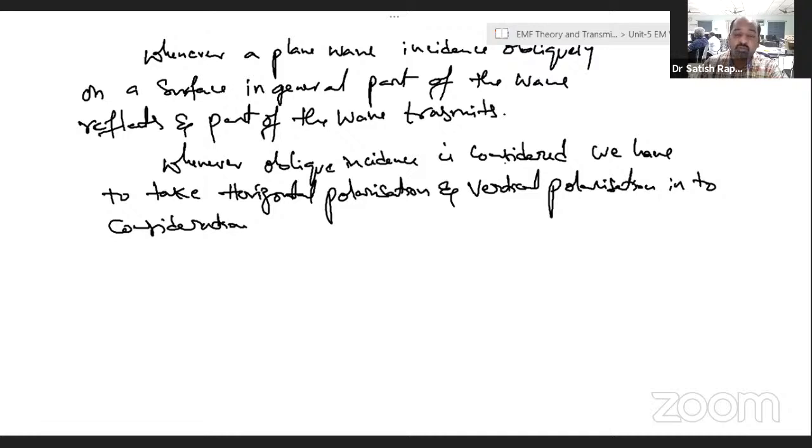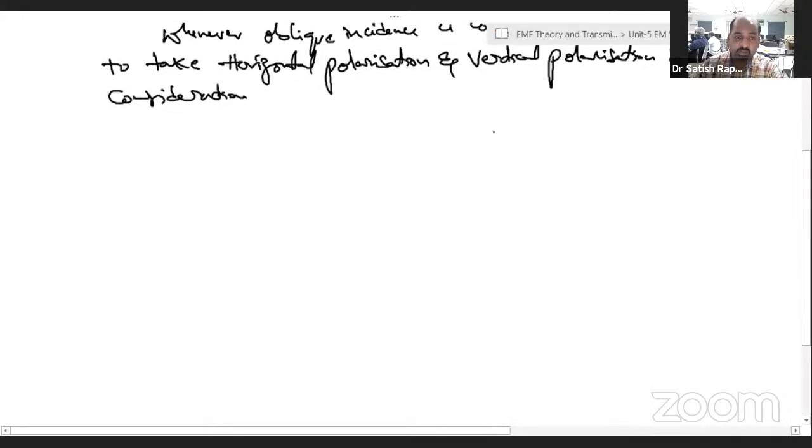So we need to consider how the electric field is changing. Let me explain more clearly so that you can understand. Let me draw the figures first so that it becomes even clearer to you.